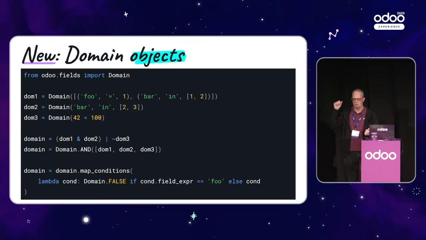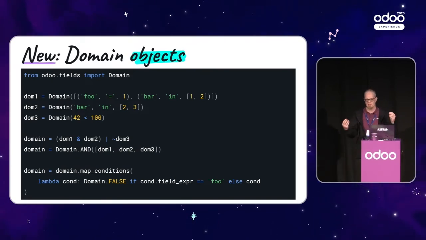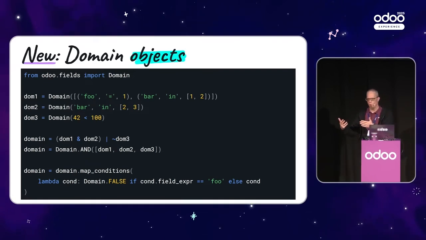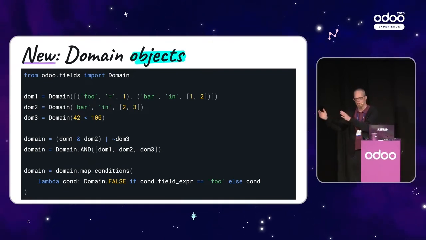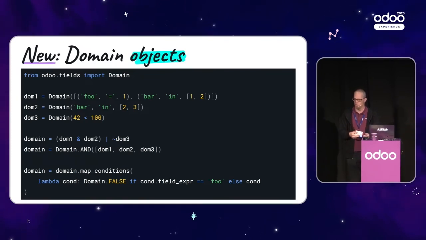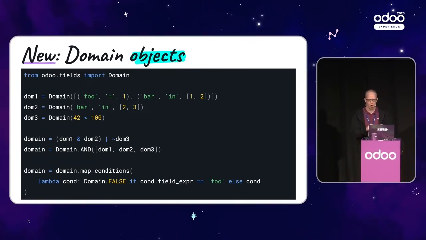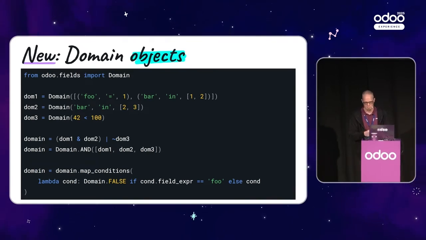And we even added a few methods that essentially ease either the transformation of domains or the analysis of domains. So you can, for instance, iterate on all the conditions to figure out, do we use this field or not, or something like that. So that's an example where if there's a condition with the field foo, we replace that condition by false, for instance.